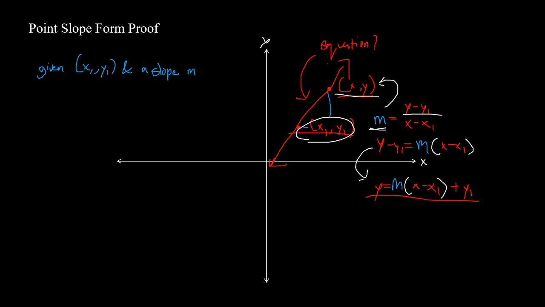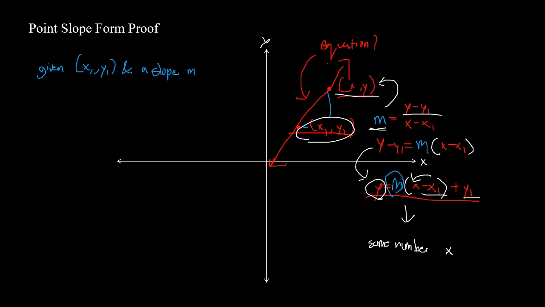But you can imagine that because we know what m is, if we had m as a number, and we also had x1 and y1 as numbers, we would be able to simplify this equation further, right? And if we were able to simplify this equation further, then we could plug in some number x and then get some number y, because that's the nature of a function.